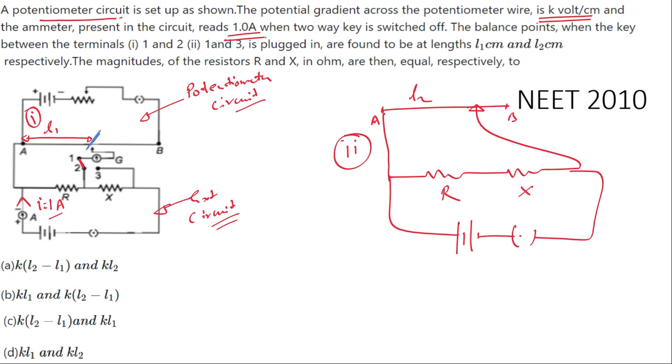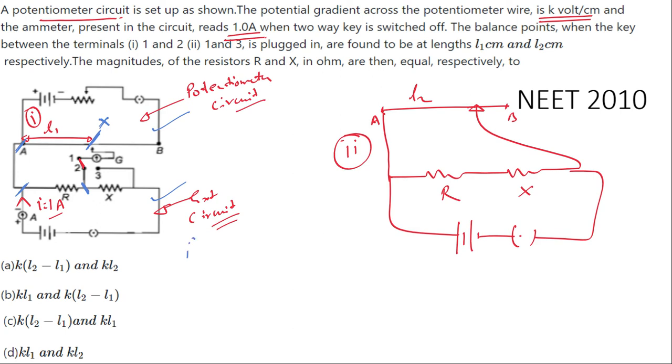The potential difference across AX should be equal to the potential difference across R. In that circuit there was a cell, but here we have only got resistance. Now remember, if we have got null point, the potentiometer circuit and the external circuit are two independent circuits.